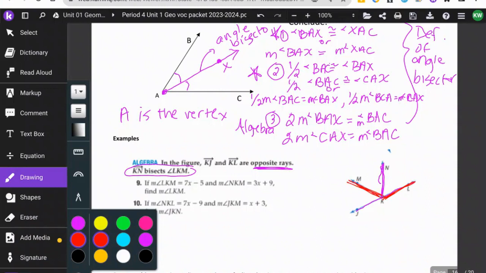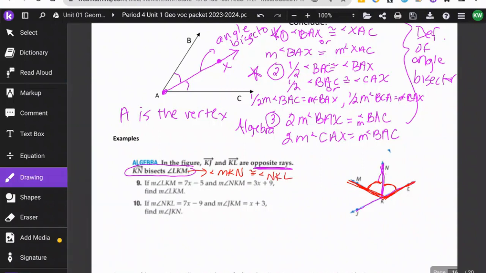So based off of this, I know that angle MKN would be congruent to angle NKL. That should help me.